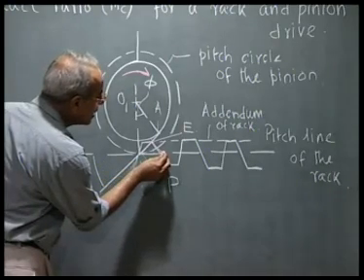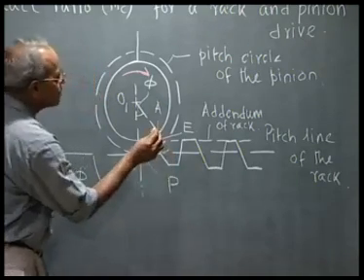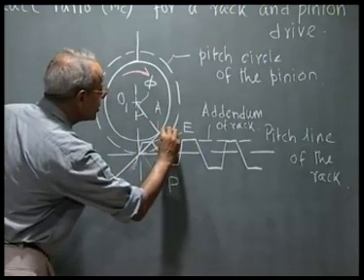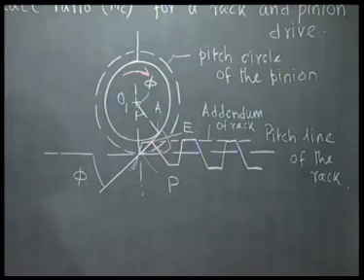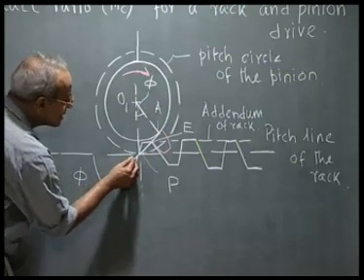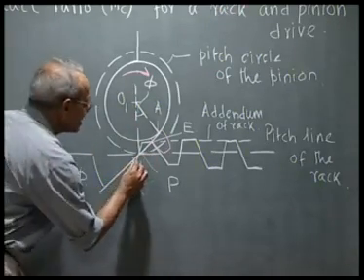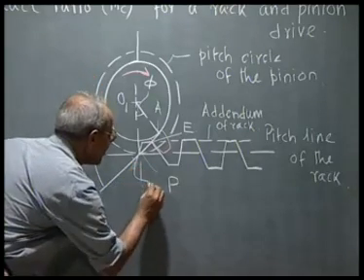Let this be the addendum circle of this pinion tooth. If I complete the pinion tooth, it looks like this. When this addendum circle intersects this line of action, let's say this point I call S.